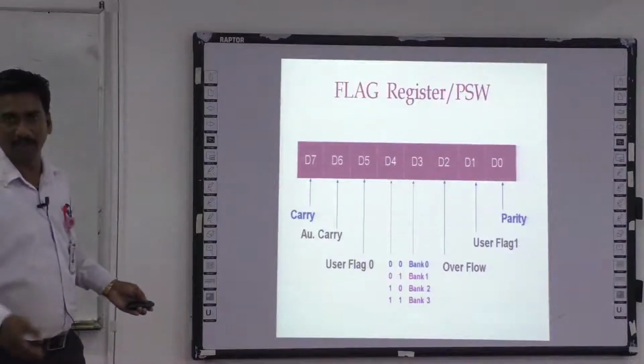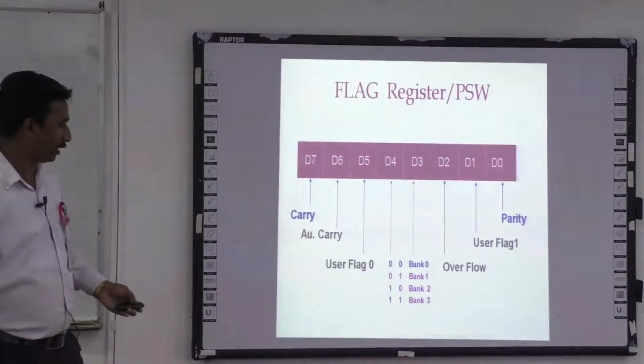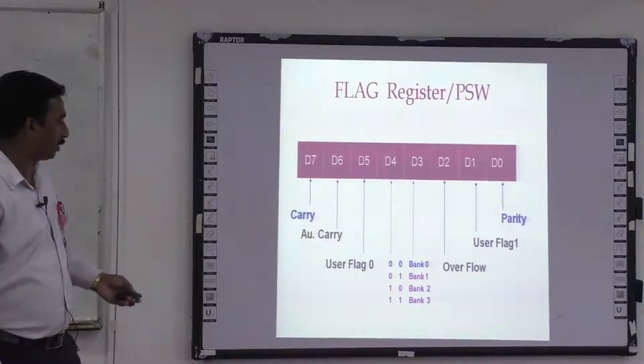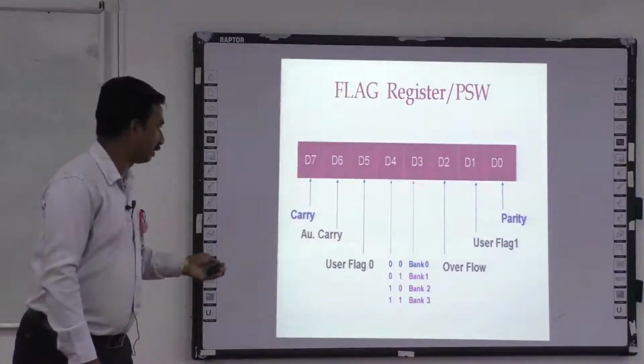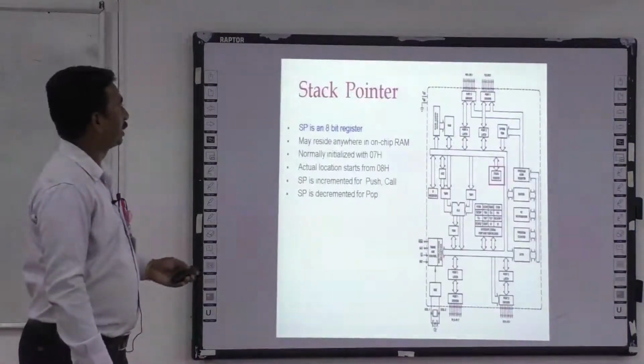Where are we going to store the data? So bank 0 is 00, bank 1 is 01, bank 2 is 10, and bank 3 is 11. The fifth one is the user flag, then auxiliary carry, and this is carry. So here we can know the condition of the carry if there is an addition.